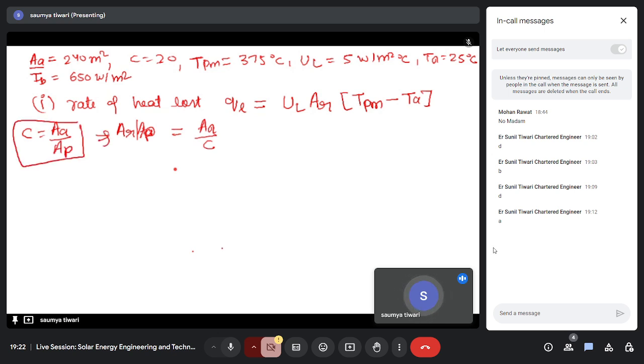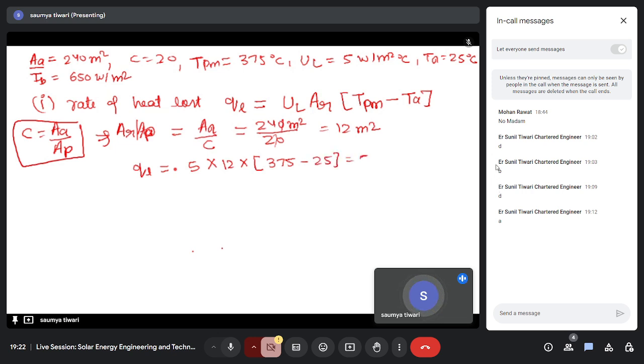So from there, if you want to calculate the area of your receiver or absorber, it will be area of aperture upon your concentration ratio. That will come to be 240 meter square upon 20, so this will come to be 12 meter square. So your QL will be UL, which is 5, into area of receiver 12, into mean absorber temperature 375 minus ambient 25.